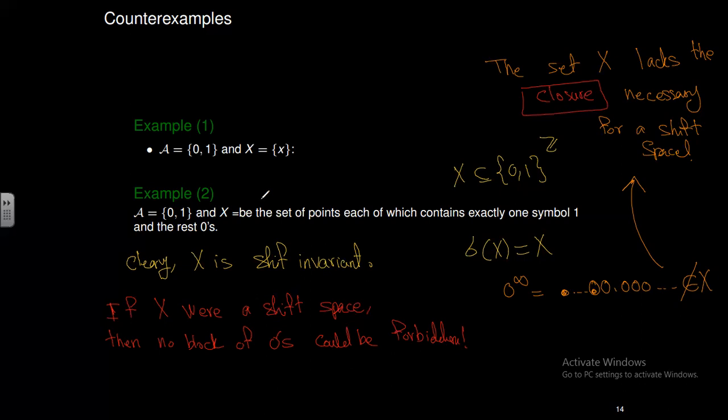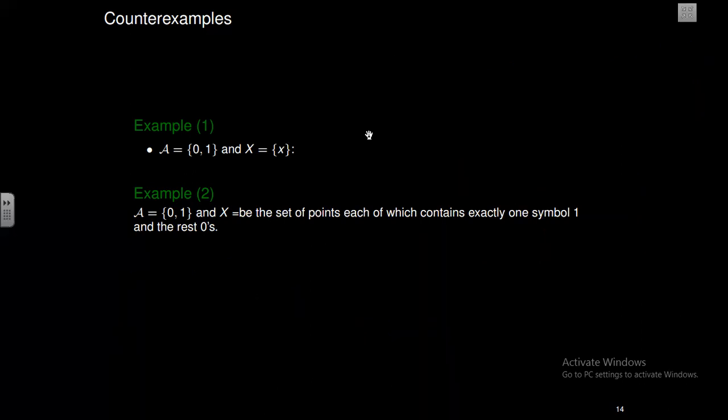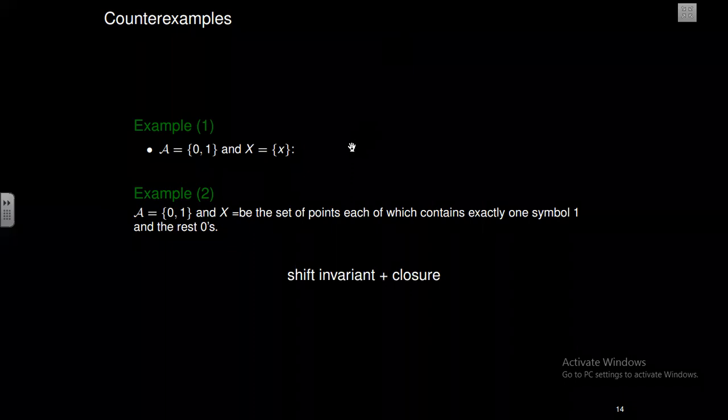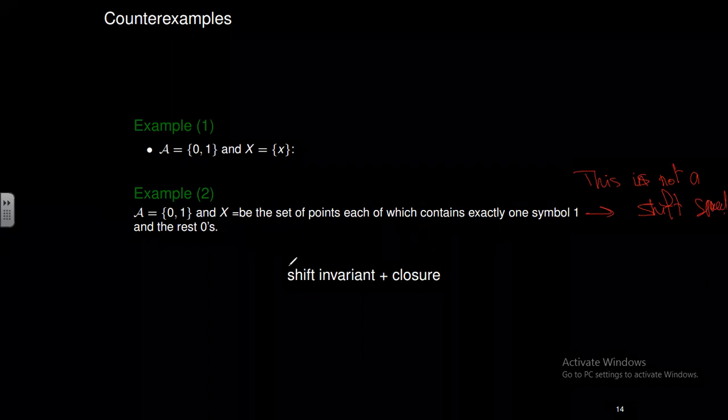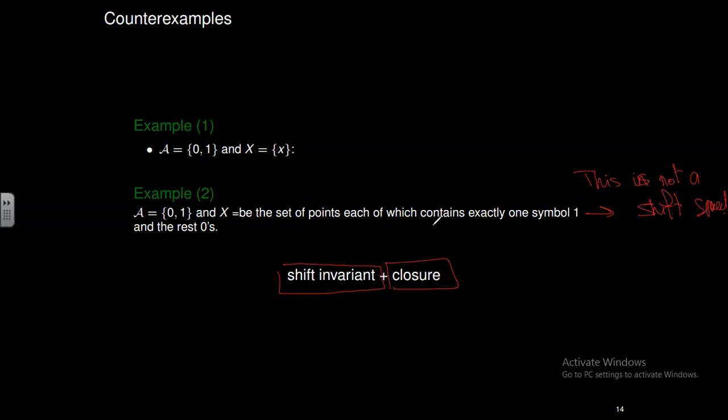So that's it. This is not a shift space. So if you want to check that a space is a shift space, first of all, you need to check whether it is shift invariant or not. Then check the closure property of it, like we checked in the second example.